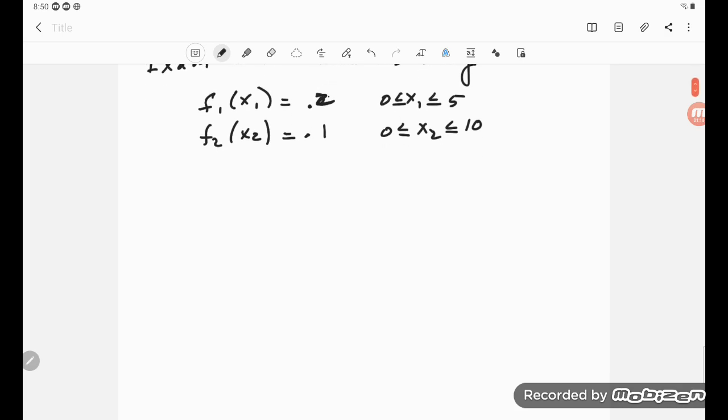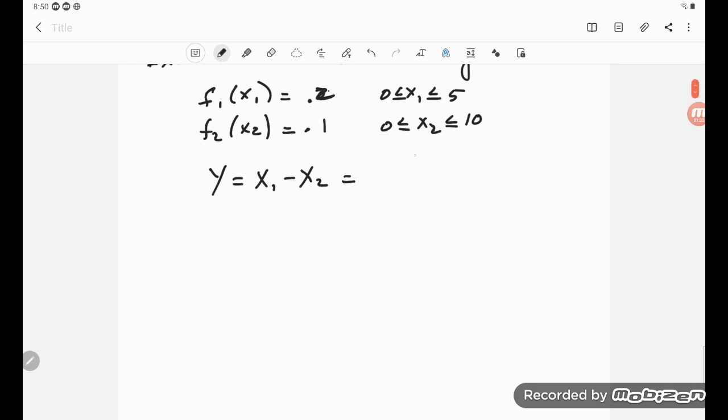Now, what Keaton did, and my only issue with this is probably renaming things, is that here we want to look at y equal to x1 minus x2, and what Keaton noticed was, well, hey, isn't that just x1 plus a negative x2?